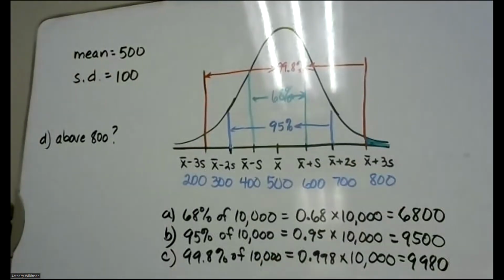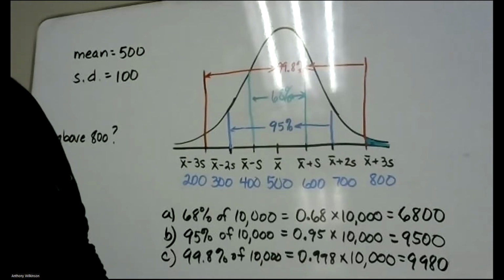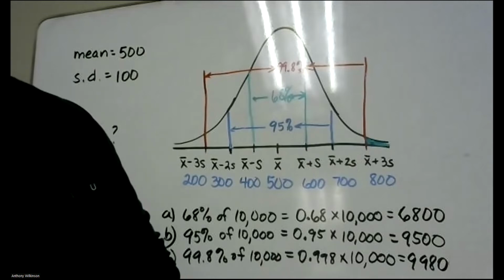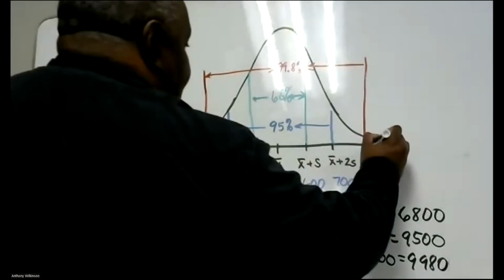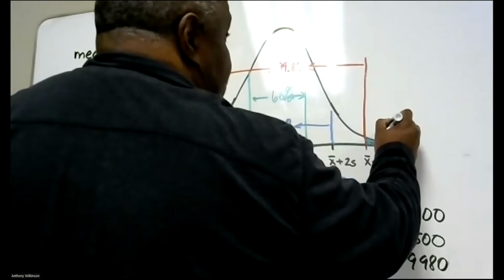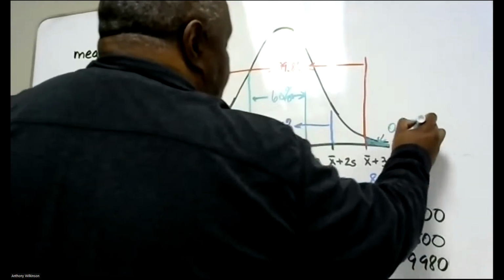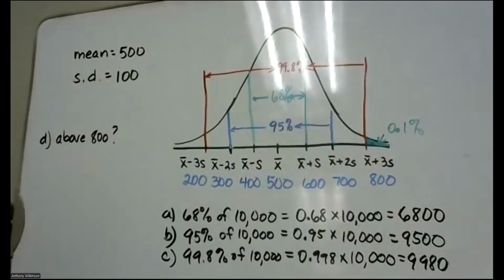That's the number that scored above 800. Now, if you looked at that table, it was what? Oh yeah, 0.01. That area represents how much? Okay, 0.1%. Because the one on the left represents 0.1 as well.